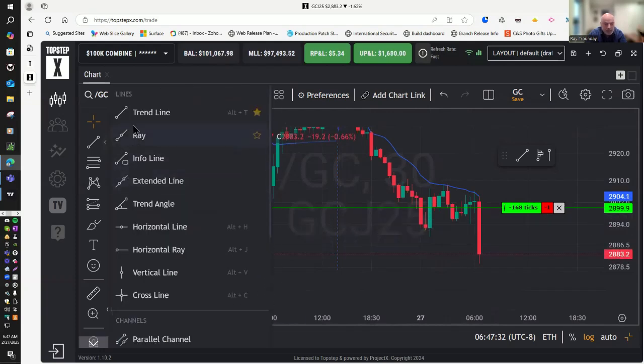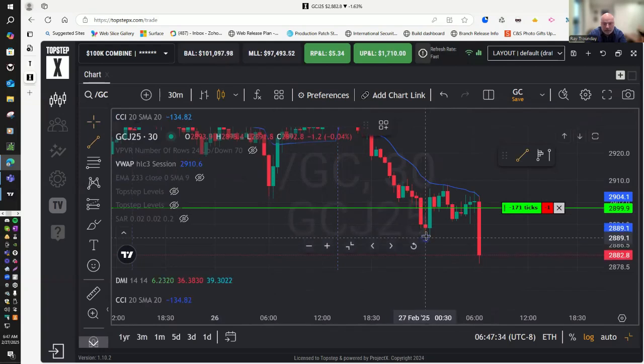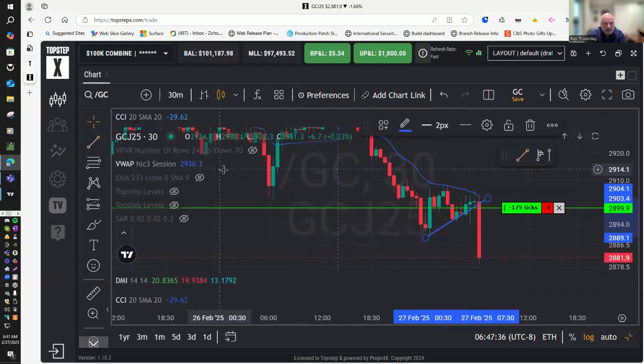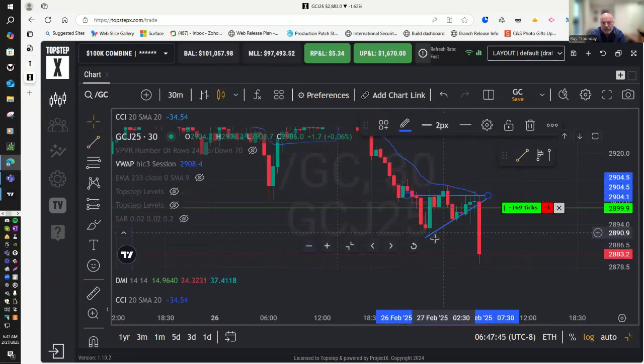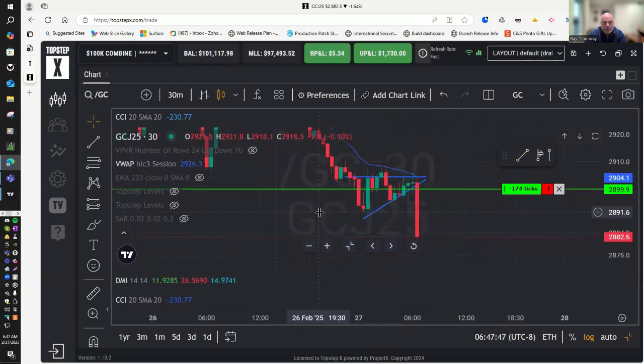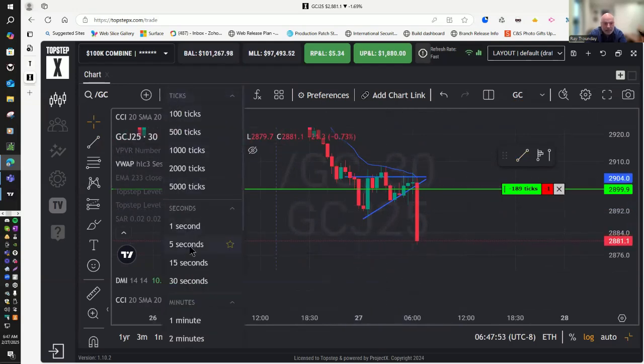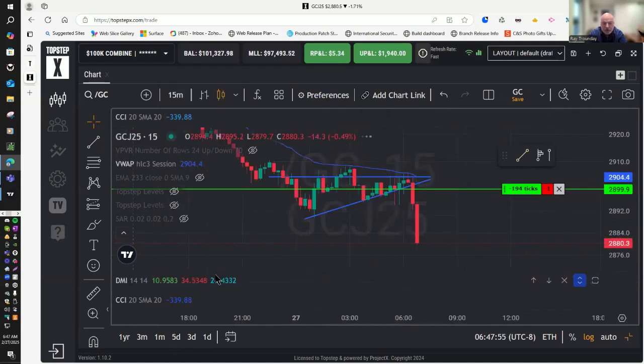Okay, so I'm going to go ahead and draw that in for you guys a little bit. You can see that we are drawing in a triangle pattern here. We basically have reached this level, so I moved into a 15-minute chart.